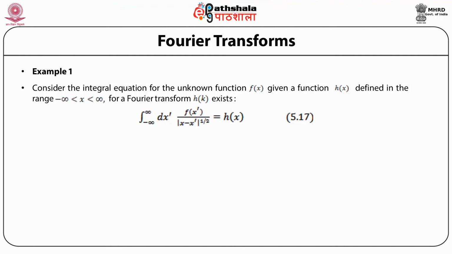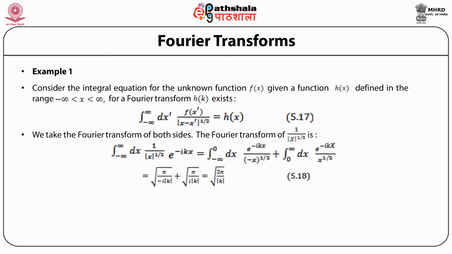Consider the equation minus the integral from minus infinity to infinity dx' f(x') divided by the square root of modulus of x minus x' equal to some other function h of x. Then by taking the Fourier transform of both sides, remember that first we will have to calculate the Fourier transform of 1 upon x to the power half.